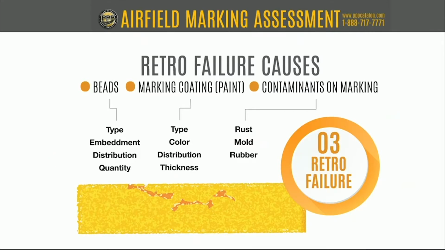Sure, thanks, Craig. And we've touched on a couple of things. We kind of started scratching the surface on a couple of these causes of failure. What I see typically is, again, glass bead embedment and glass bead distribution, resulting in the failure, at least for visibility concerns.